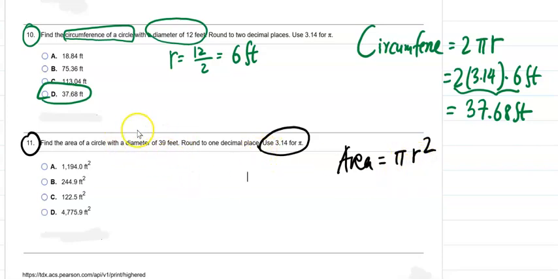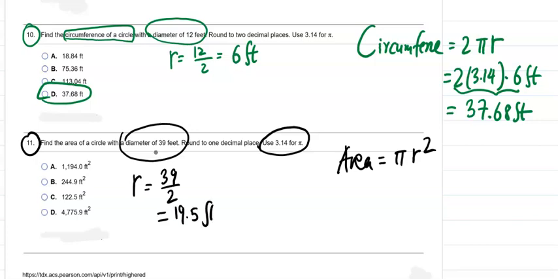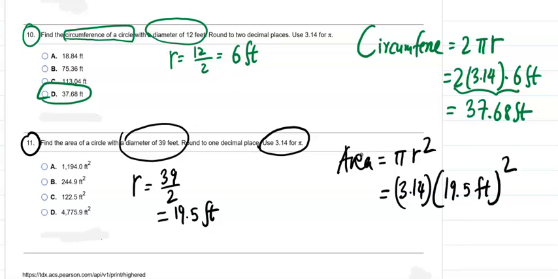So notice that the diameter is given, which is 39 feet. So radius r must be 39 divided by 2, because radius is half of the diameter, which is going to be 19.5 feet. So let's use the formula for area of the circle. 3.14 as pi times r, 19.5 feet squared. Notice that 19.5 feet squared means 19.5 times 19.5, feet times feet.